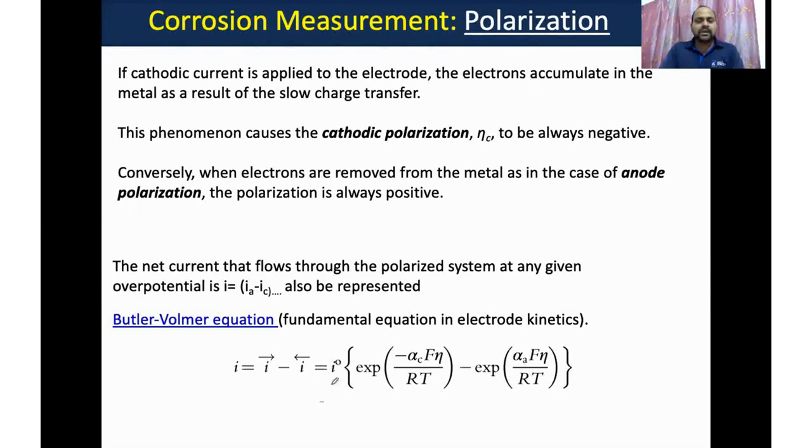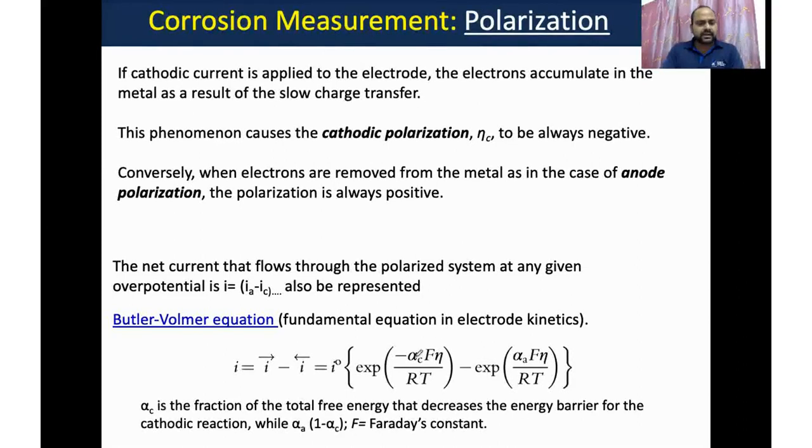I equals I0, where I0 is the current when there is no voltage difference, times [exp(minus alpha_C F eta / RT) minus exp(alpha_A F eta / RT)]. You already know these terms. Alpha_C is the fraction of total free energy that decreases the energy barrier for the cathodic reaction.